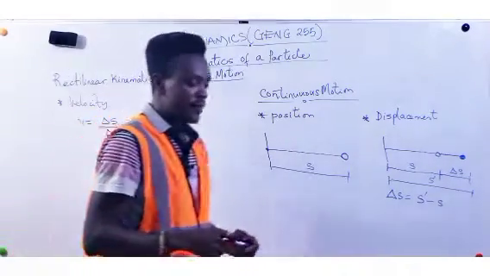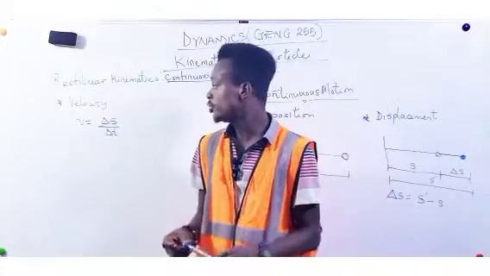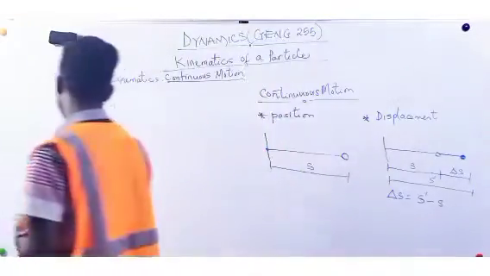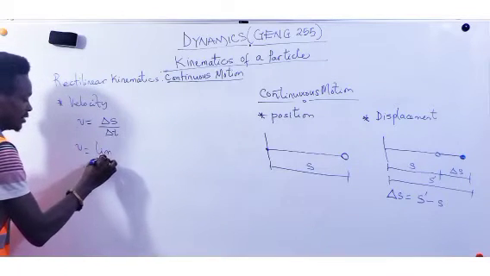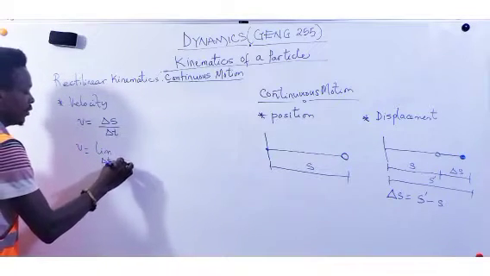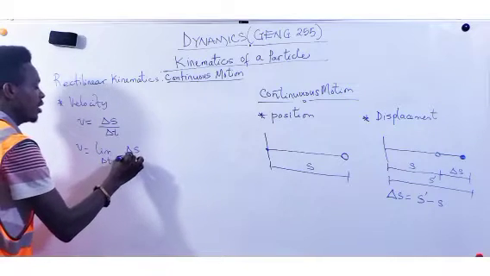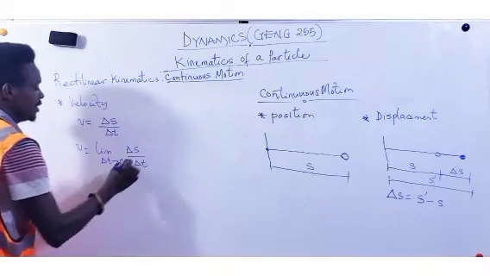For instantaneous motion, velocity v is equal to the limit as change in t approaches 0 of change in s over change in t.